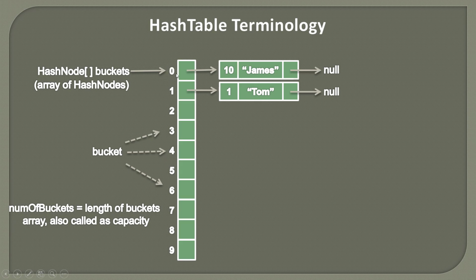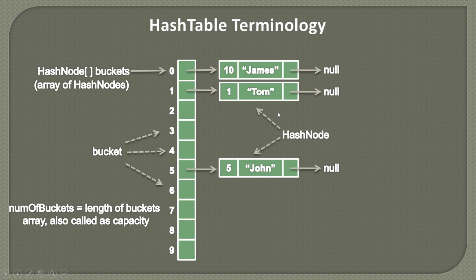So at the 0th index we have stored a key value pair like this, and similarly at the 5th index we are storing key 5 with value John. Here 5 divided by 10 gives remainder 5 only, so at the 5th index we are storing key 5, and we usually term it a hash node, which we have already discussed.